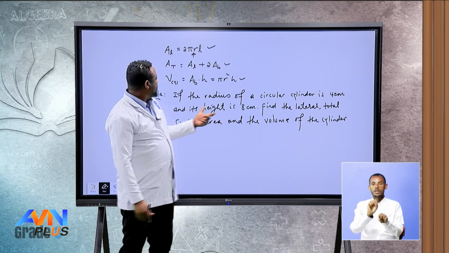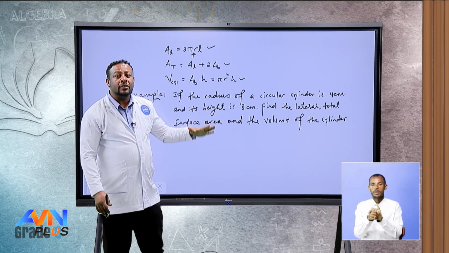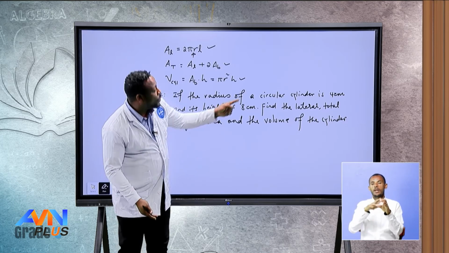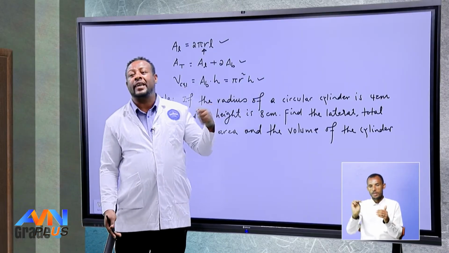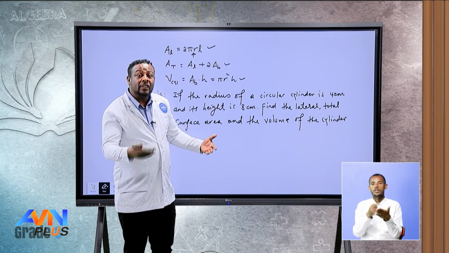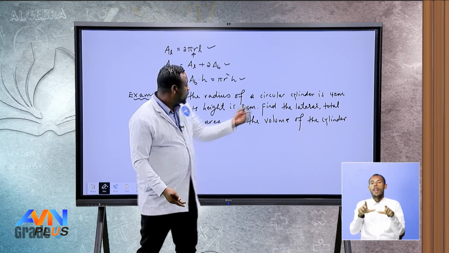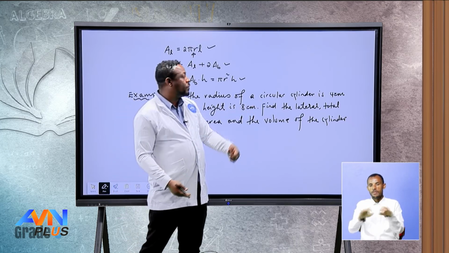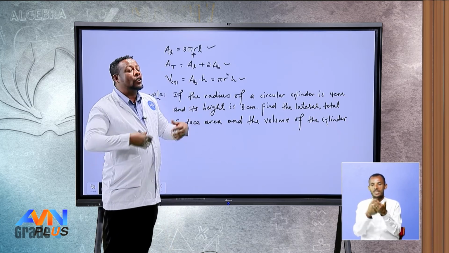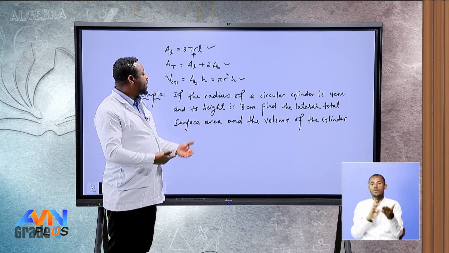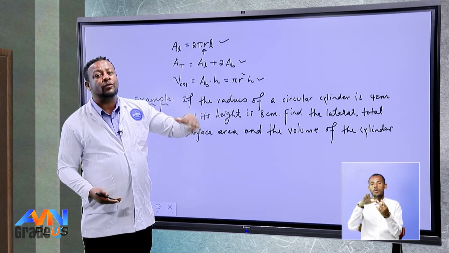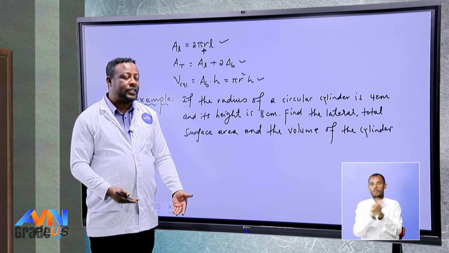So in this example, there is a circular cylinder whose radius is 4 centimeter and its height is 8 centimeter. Based on this, you are asked to find the lateral surface area, the total surface area, and the volume of the cylinder. To calculate these three things, the only thing that we need to do is apply their formulas. You need to pick the first formula to calculate the lateral surface area.